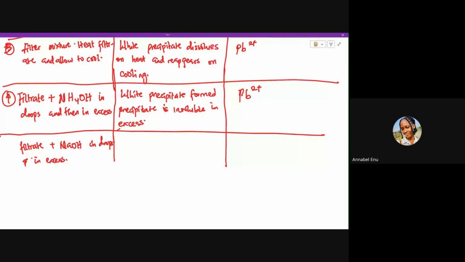The precipitate will dissolve. Not exactly the same thing, by the way. Let me just write it. White precipitate is formed, and then the precipitate dissolves in excess. Remember the first one is not soluble, but this one dissolves. So it's a different case with sodium hydroxide. Shows that this one is present.